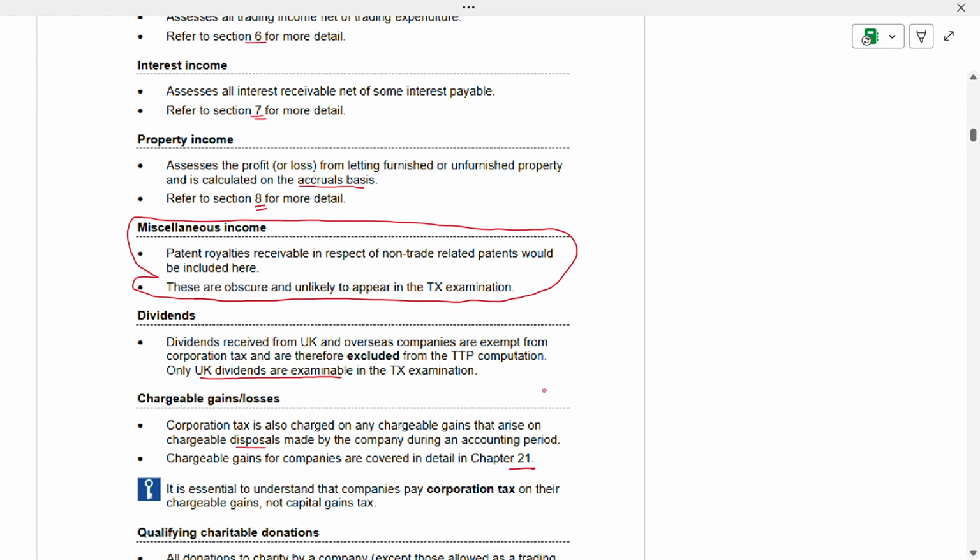Corporation tax is also charged on any chargeable gain that arises on disposals made by the company. We have a chargeable gain on any chargeable disposal. Chargeable gains for companies we will cover somewhere in section 21.